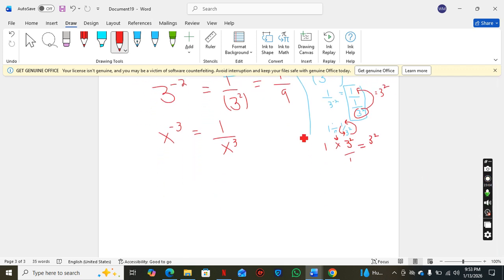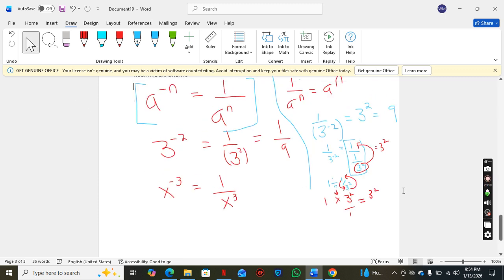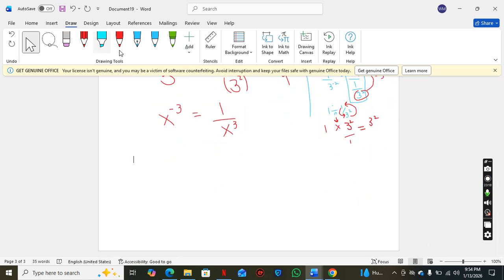Okay, then the final law, fractional exponents. This is one law which gives a lot of students headaches. a to the power m over n is the same as the nth root, and you put a inside here and you close the brackets to the power m.